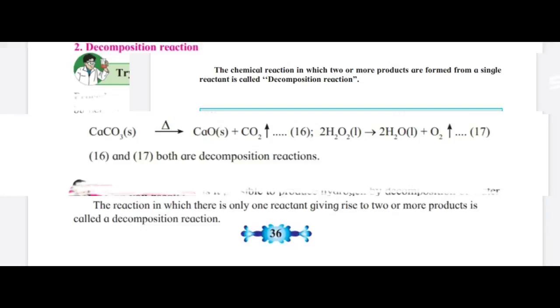For example, calcium carbonate, that is CaCO3, when heated gives calcium oxide, that is CaO, plus carbon dioxide gas is liberated. In this case, we can see calcium carbonate, a single reactant, is decomposed into 2 products which are calcium oxide and carbon dioxide.